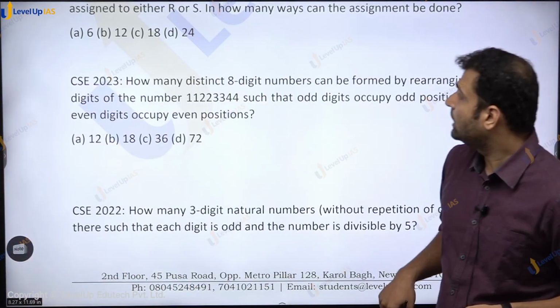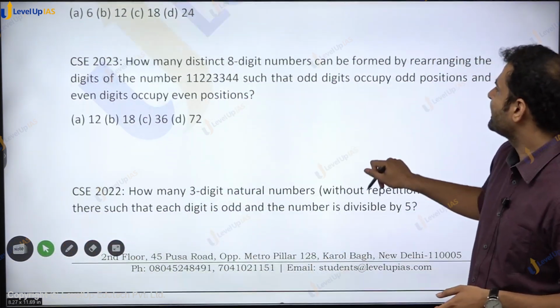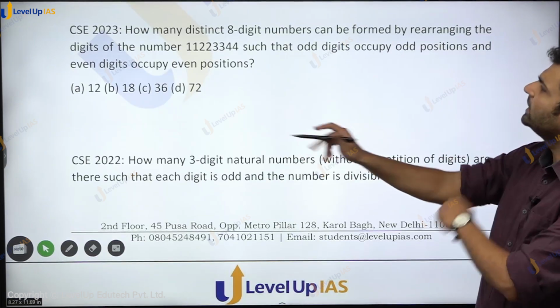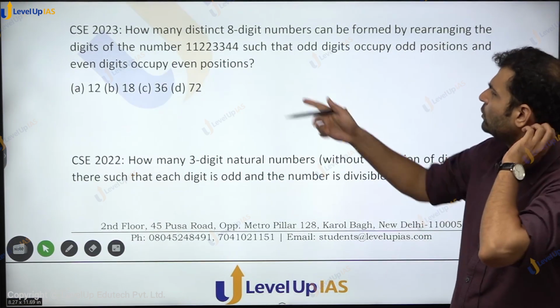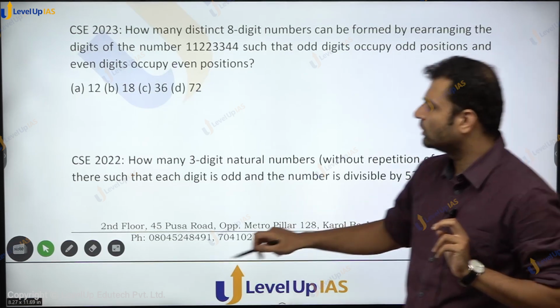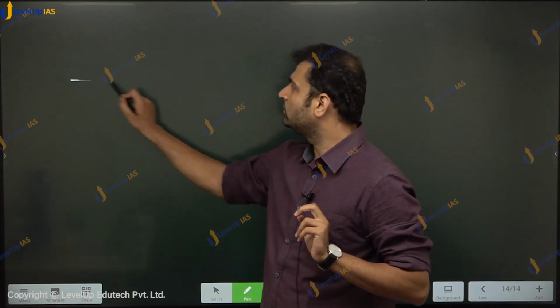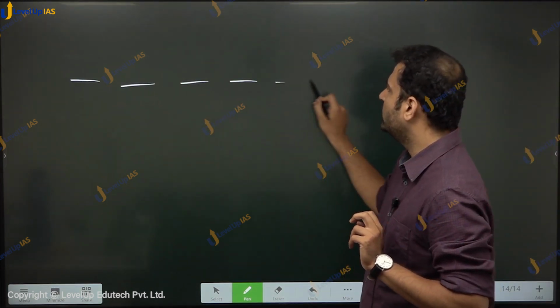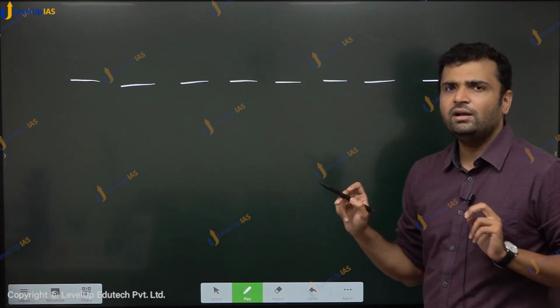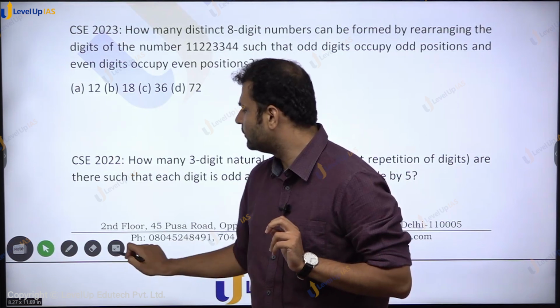Next, how many distinct 8-digit numbers can be formed by rearranging the digits of the number 1 1 2 2 3 3 4 4 such that odd digits occupy odd position and even digits occupy even position. तो क्या है 8 digits है 1 2 3 4 5 6 7 8 and we have 1 1 2 2 3 3 4 4.